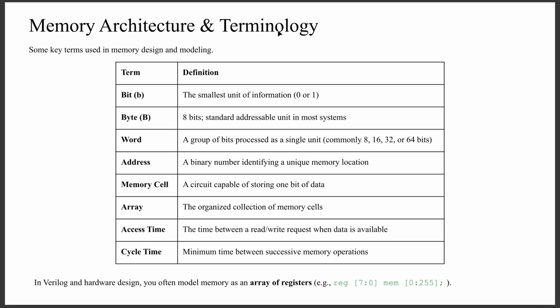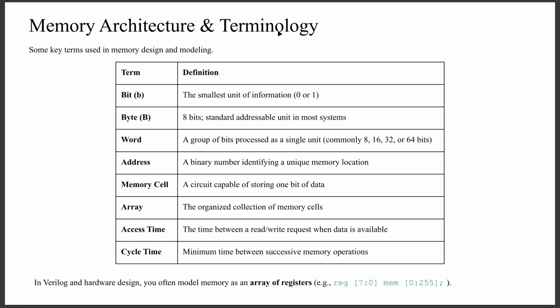So, architecture and terminology. A bit is the smallest unit of information. A byte is 8 bits. It's a standard addressable unit in most systems. A word is a group of units processed as a single unit, so it is usually 16 or 32 bits, depending on the kind of system you're using.